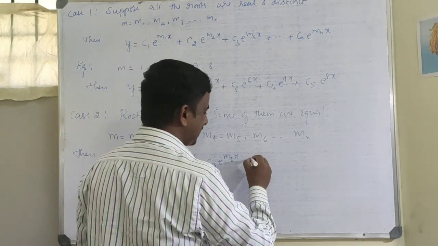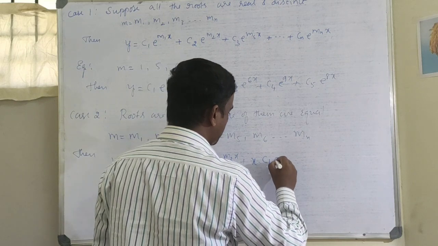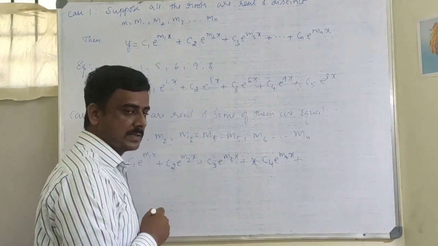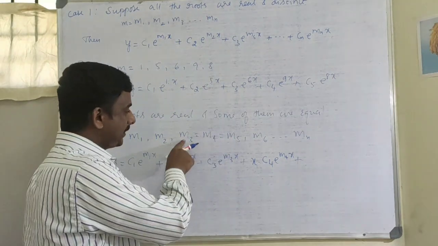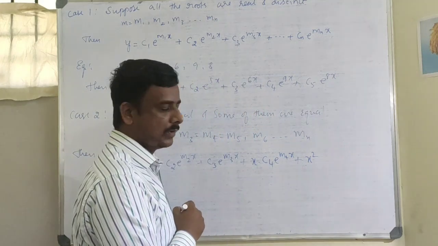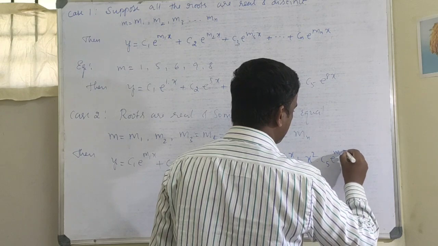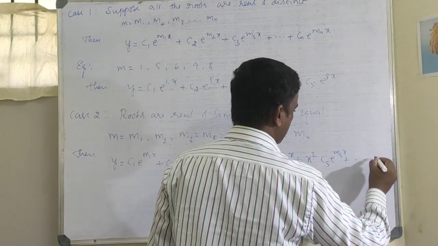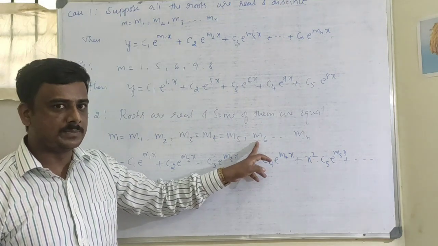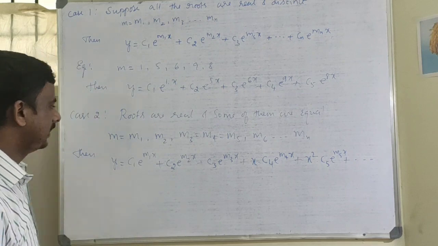To denote that repetition, we write x, so x into c4 e^(m4 x). Next, m5 is the second repetition of m3, so I will write x^2 into c5 e^(m5 x) plus and so on. Next, c6 e^(m6 x) plus and so on, cn e^(mn x).